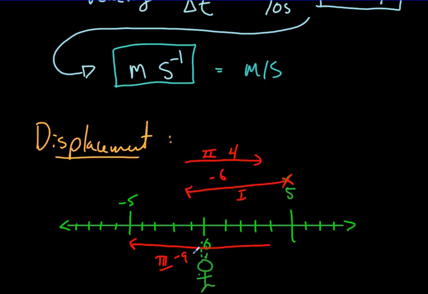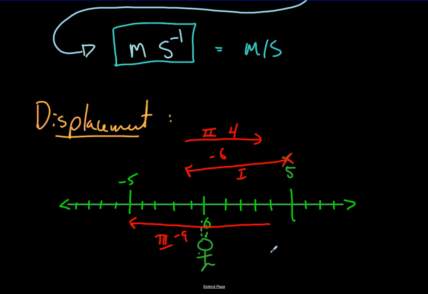So first things first. From where the bunny started, what is the bunny's total displacement? Well, does displacement care whether the bunny went back and forth, or does it only measure the difference between where it started and where it finished? Which one?